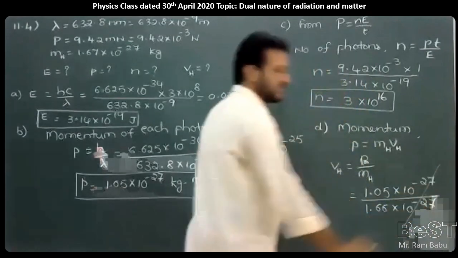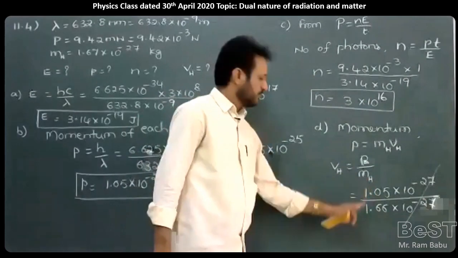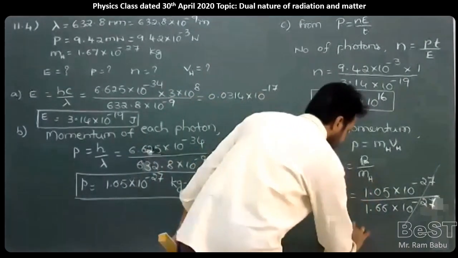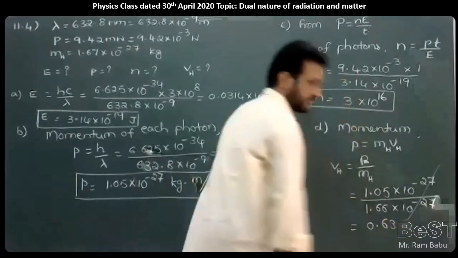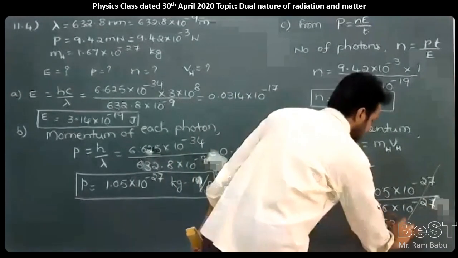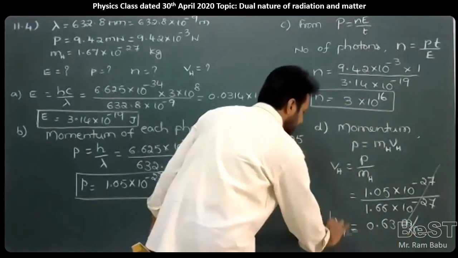Here 10 power minus 27 gets cancelled. 1.05 by 1.66 is 0.63. Rounded off, we get 0.63 meter per second. So it is the speed of the hydrogen atom.